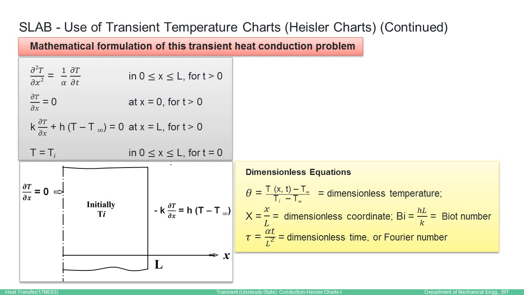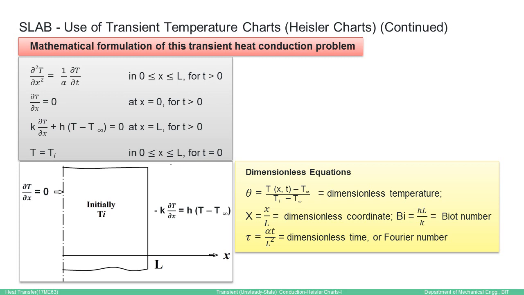Ti is the initial temperature, T infinity is the fluid temperature. Capital X, which is the dimensionless coordinate, can be taken as small x divided by L. That means it represents any plane at a dimensionless distance from the center line. x is the distance from the center line and L is the semi thickness of the plate.